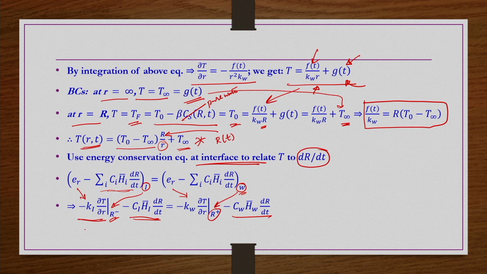Temperature is constant in the crystal, obviously it has to be, so that is the reason dT by dR is 0. So, what we can write from here is minus K_w dT by dR equals C_w H_w bar dR by dt minus C_i H_i bar dR by dt. That we have written here, right.